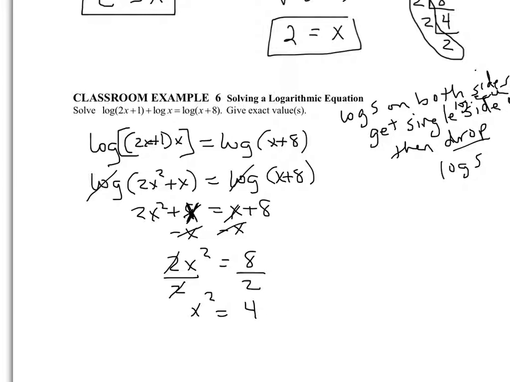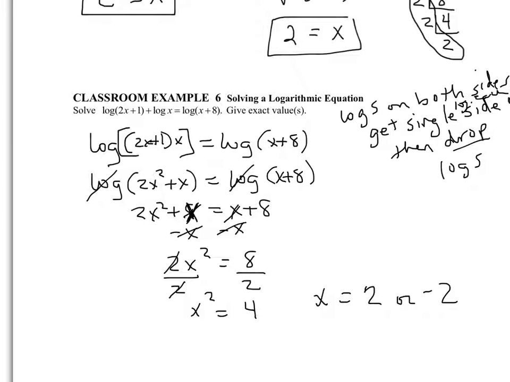Now be careful using that square root property. If I take the square root of each side, you need to remember there's both a positive root and a negative root. I would get x is equal to positive 2 or negative 2 as my two possible solutions. But here's where we have to be careful. Remember what we talked about earlier in this chapter. We have some restrictions when we're working with logarithms, and that is that the domain values, what our x values can be, when I plug in what's following a logarithm has to be a positive number.